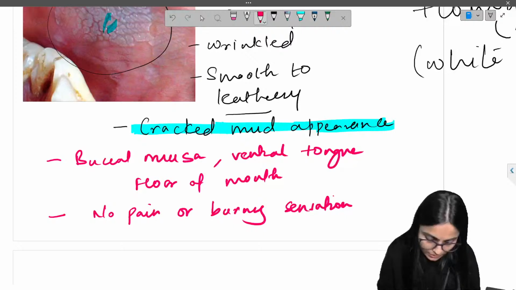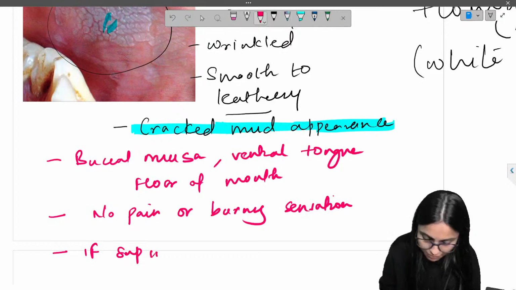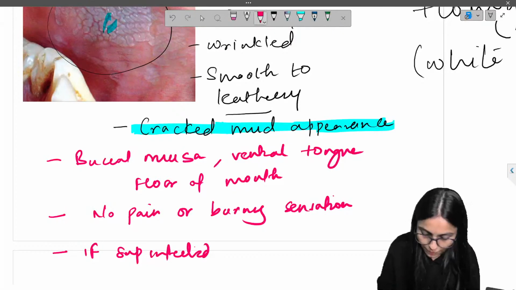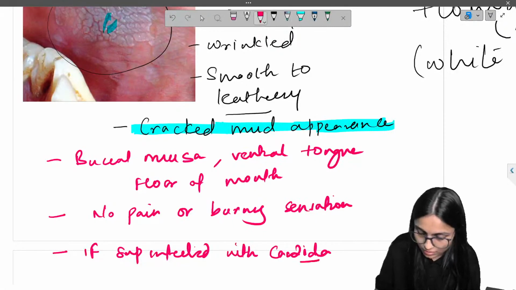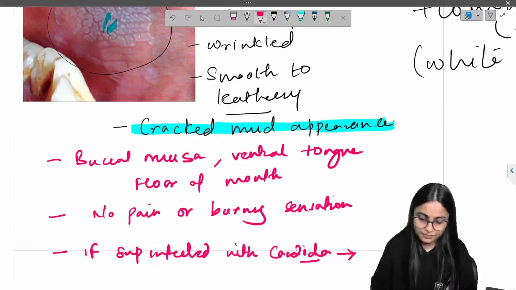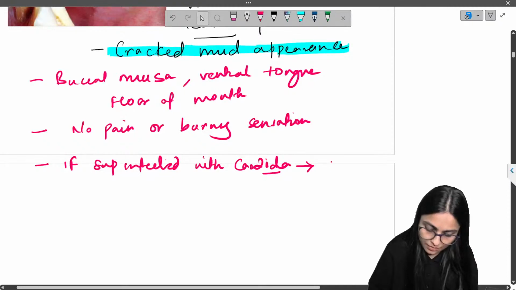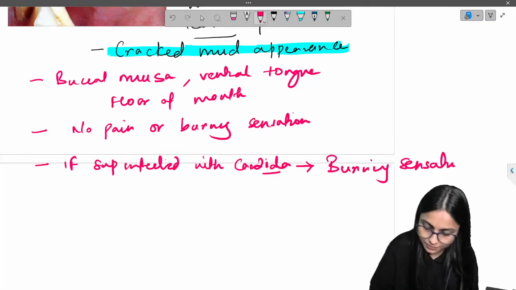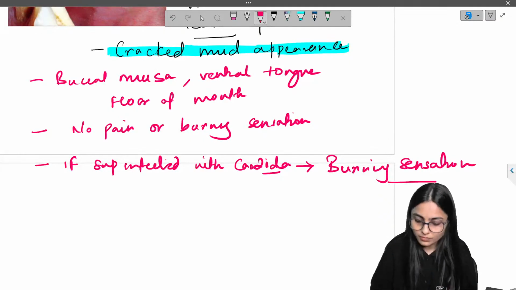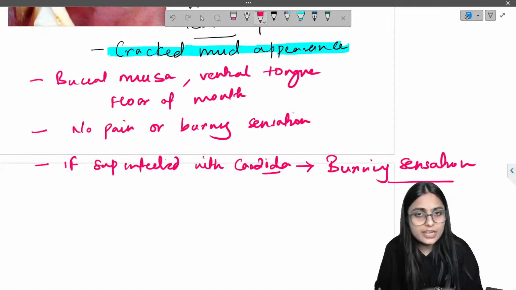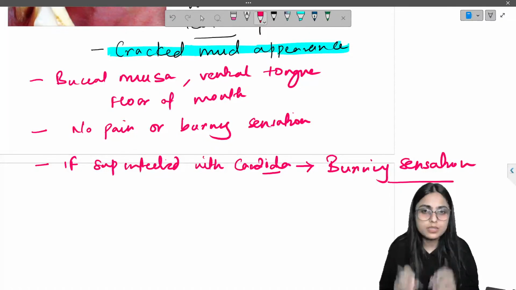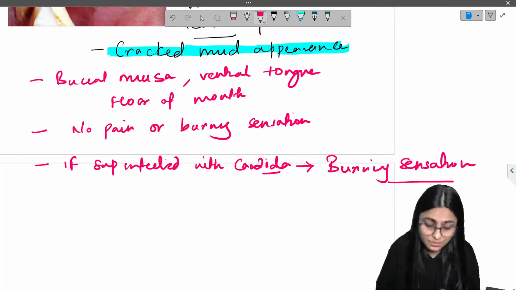Please write it down. And our treatment will follow according to the symptoms.